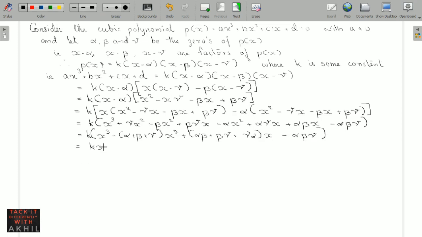Now taking the k inside, that is equal to kx cubed minus k into alpha plus beta plus gamma x squared plus k into alpha beta plus beta gamma plus gamma alpha into x minus k into alpha beta gamma. So that is the simplification of that product that we have.